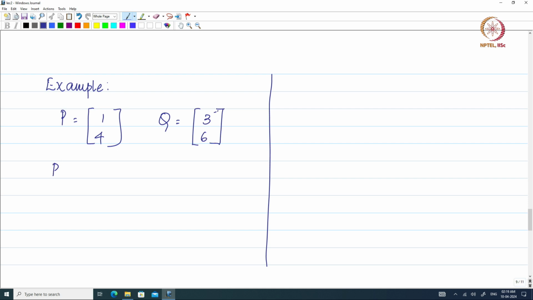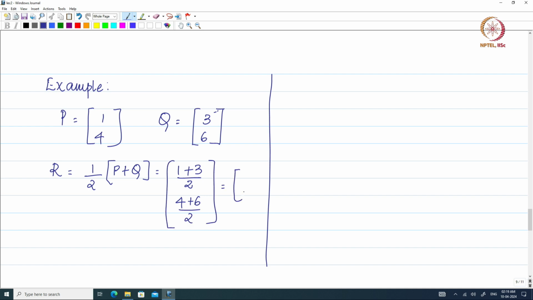So, the midpoint R is basically given by half of P plus Q, which is 1 plus 3 by 2 and 4 plus 6 by 2, which is 2 comma 5.